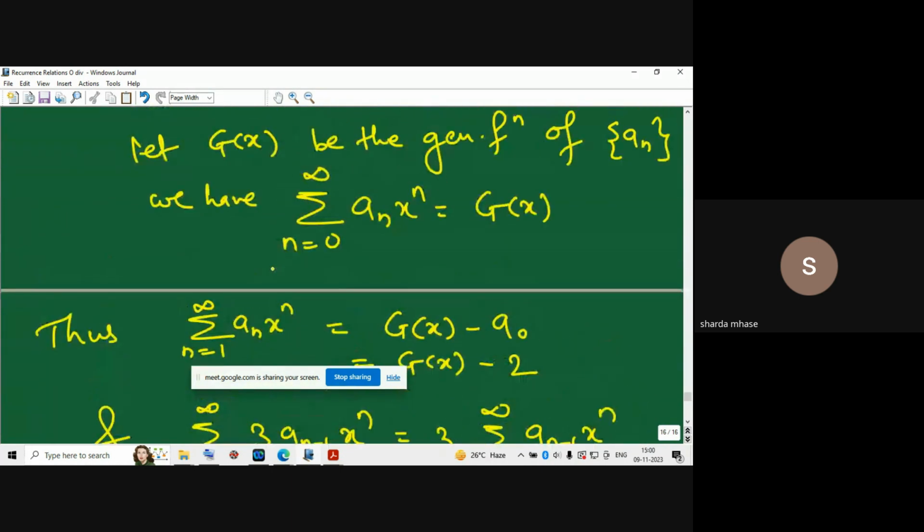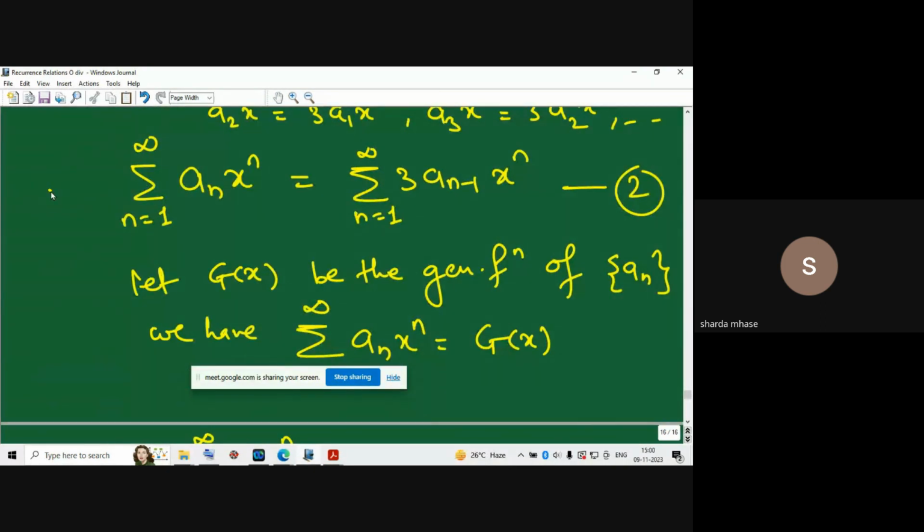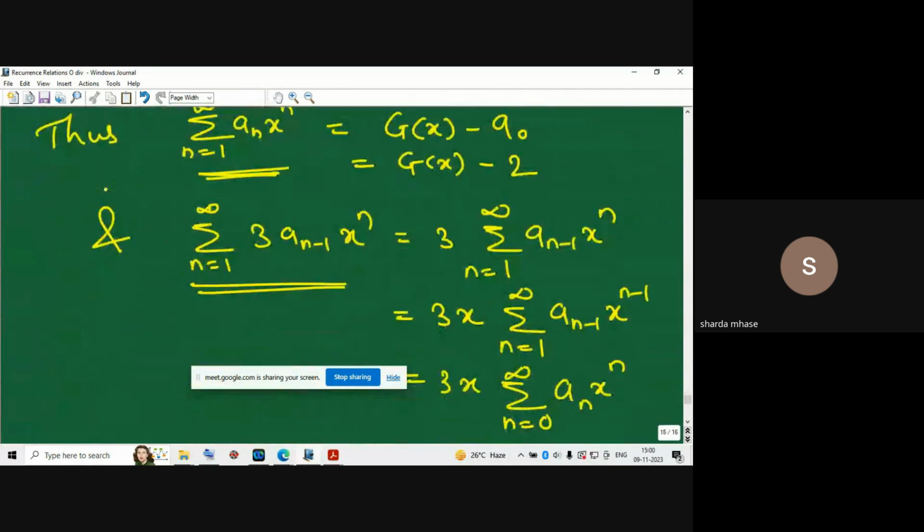So where will we put these two values? We'll substitute in equation 2. Let's call this equation star and this equation double star.